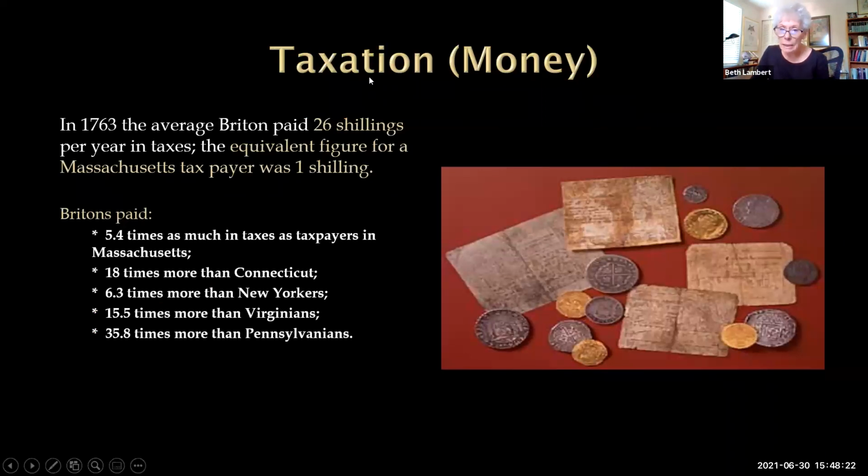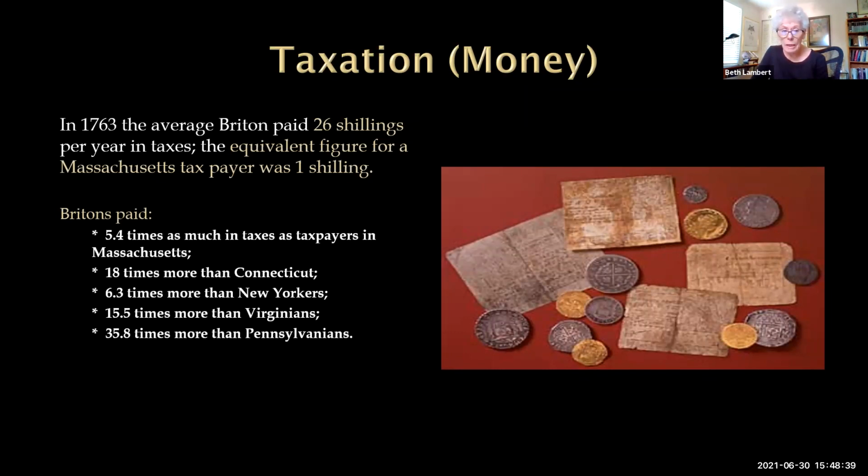In terms of taxation, in 1763, the average Briton paid 26 shillings per year in taxes. The equivalent figure for a Massachusetts taxpayer was 1 shilling.